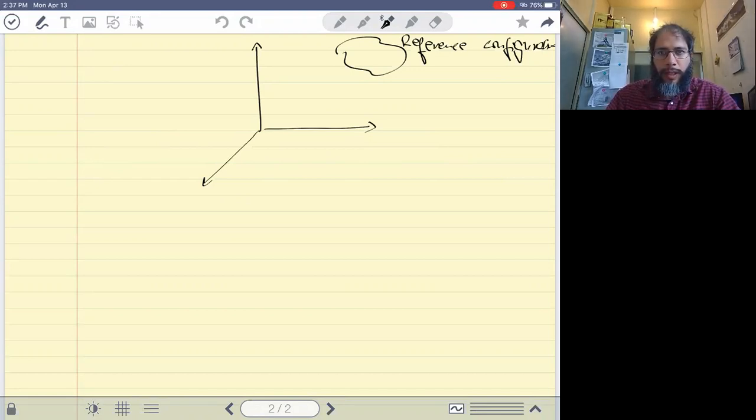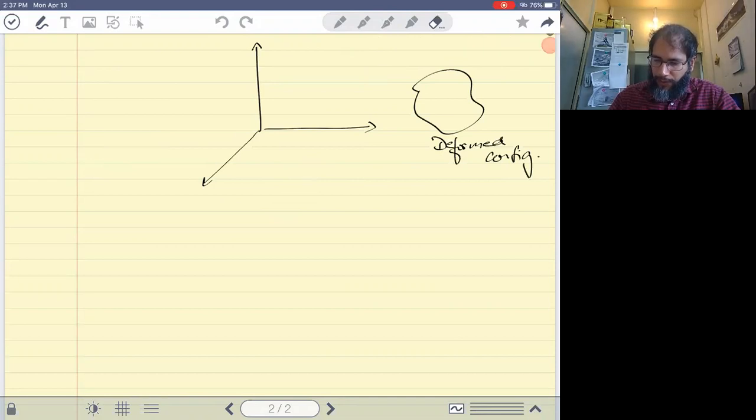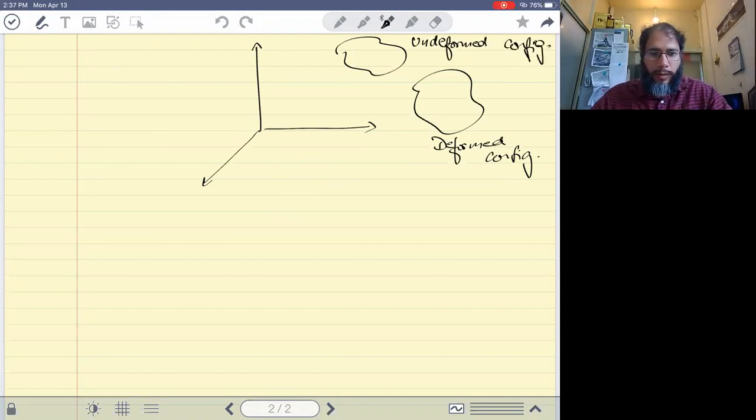And then after some time, we deform the body due to some external forces, and then we have a current configuration, which we called the deformed configuration. We'll call the reference configuration the undeformed configuration.